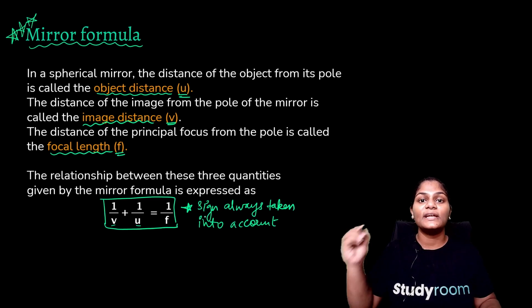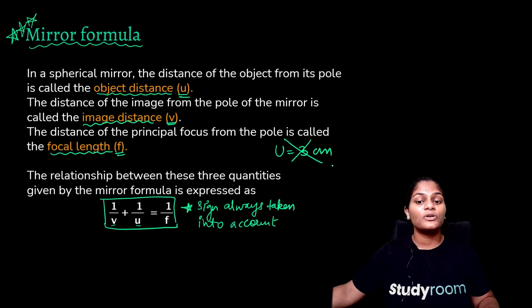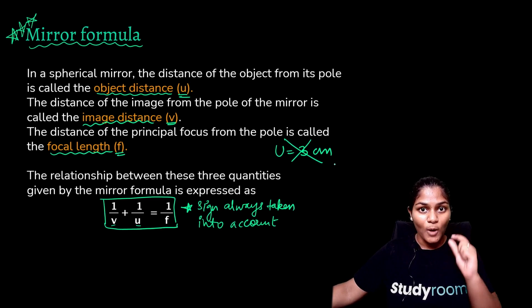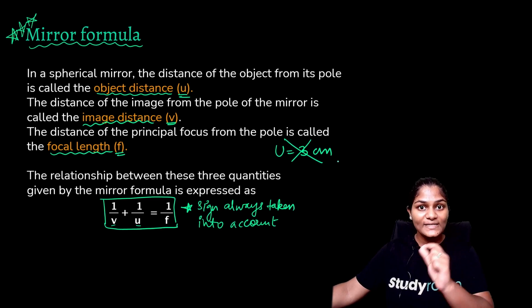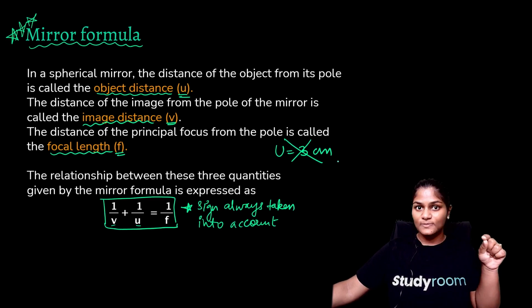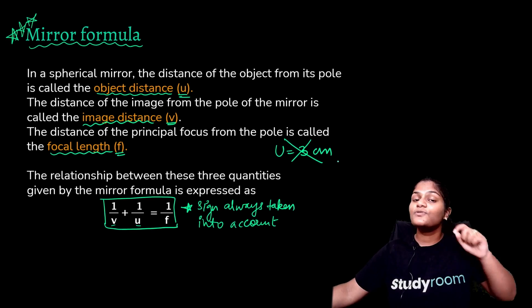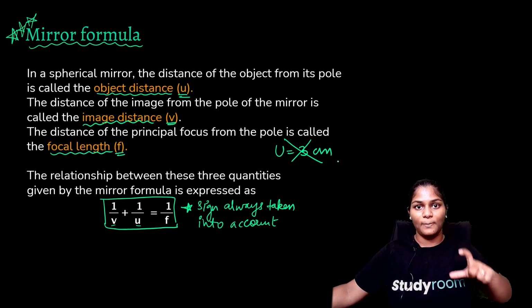So if you just write u is equal to 3 centimeters, wrong. Because I just told you that your u is the object placed to the left side of the mirror. So what did we just study? All distances to the left of the pole. Because we have to measure this distance parallel to the principal axis. Because we only have to measure the height of the image and the object like this, perpendicular.